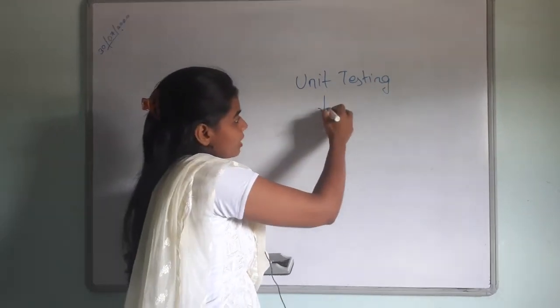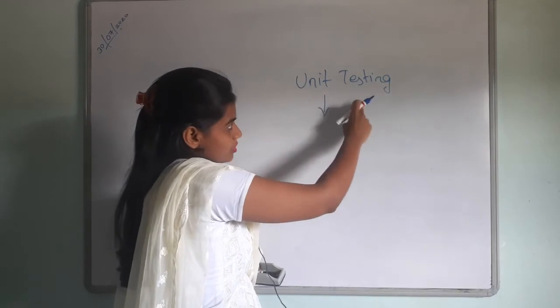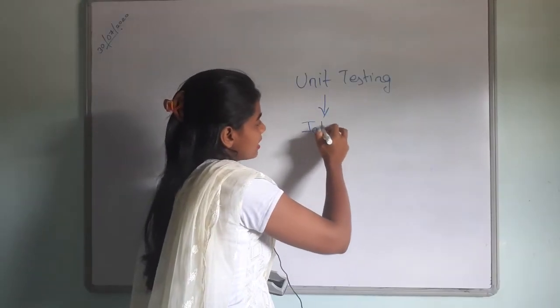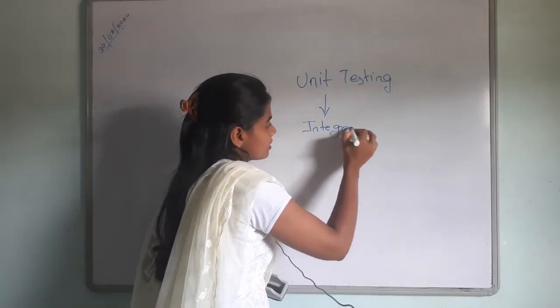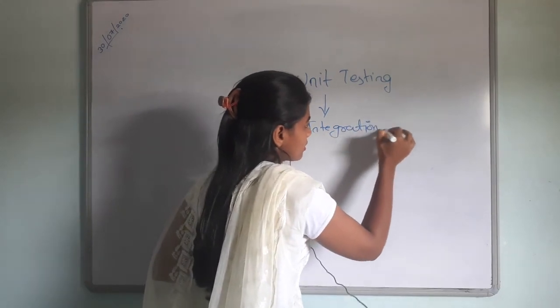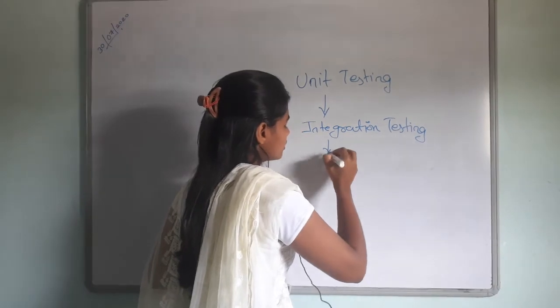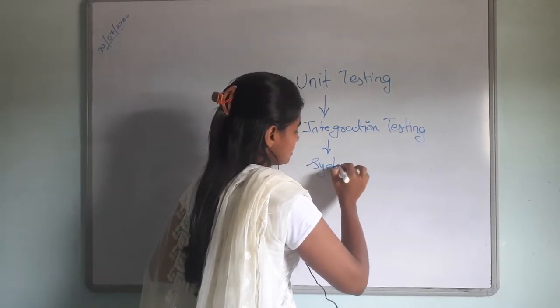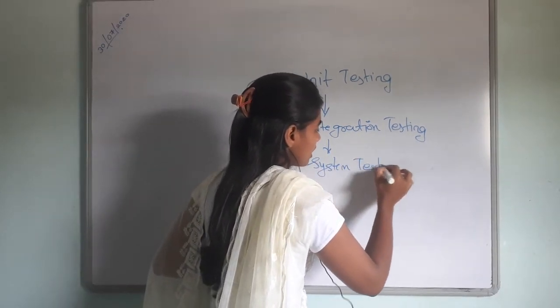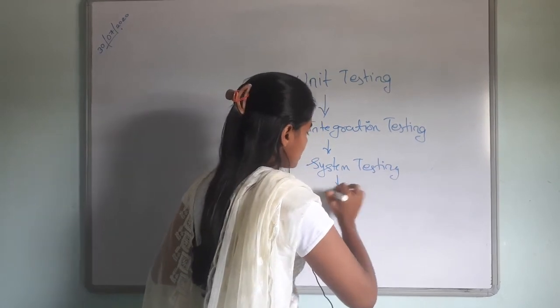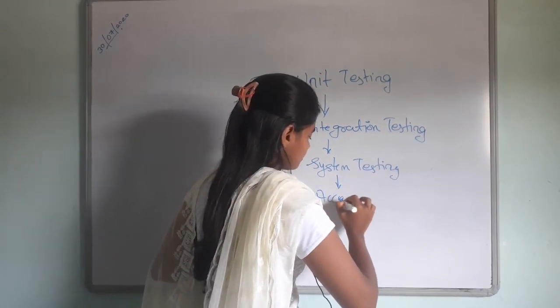I have told you there are 4 levels. The first level is unit testing, the second level is integration testing, the third one is system testing, and the fourth one is acceptance testing.